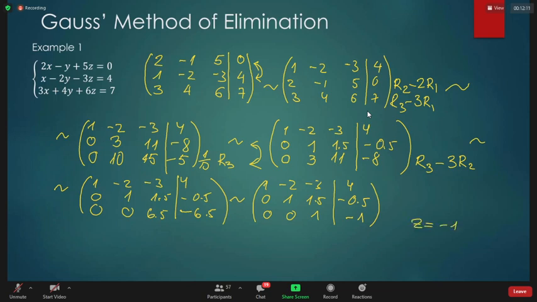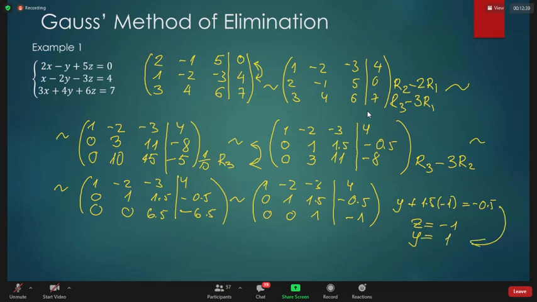And now the next thing, I can take minus 1 instead of Z. So I can write that y plus 1.5 times Z, which is minus 1, is minus 0.5. And from there, I can immediately find the value of y. Minus 1.5, move to the other side, plus 1.5, so y will equal 1.